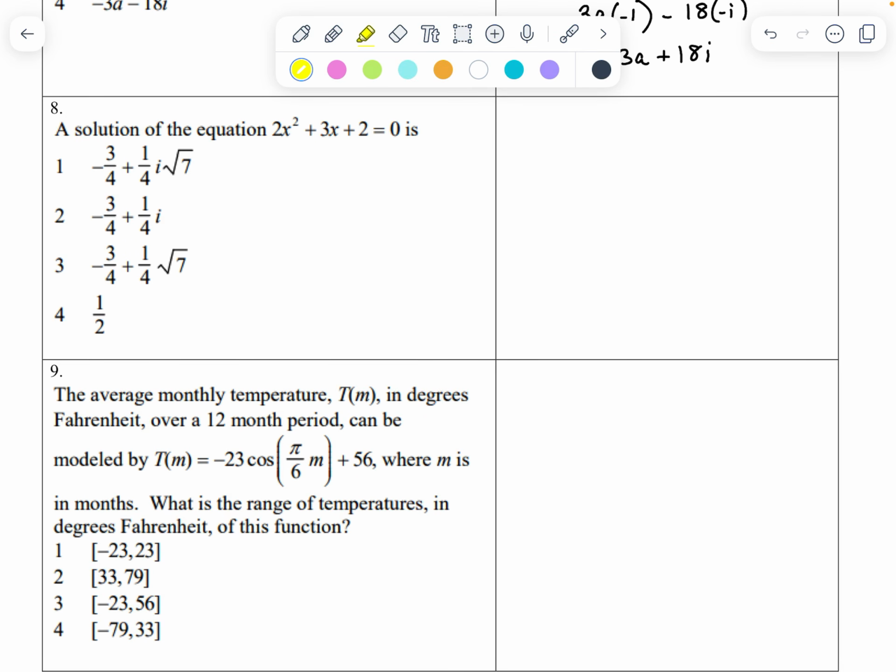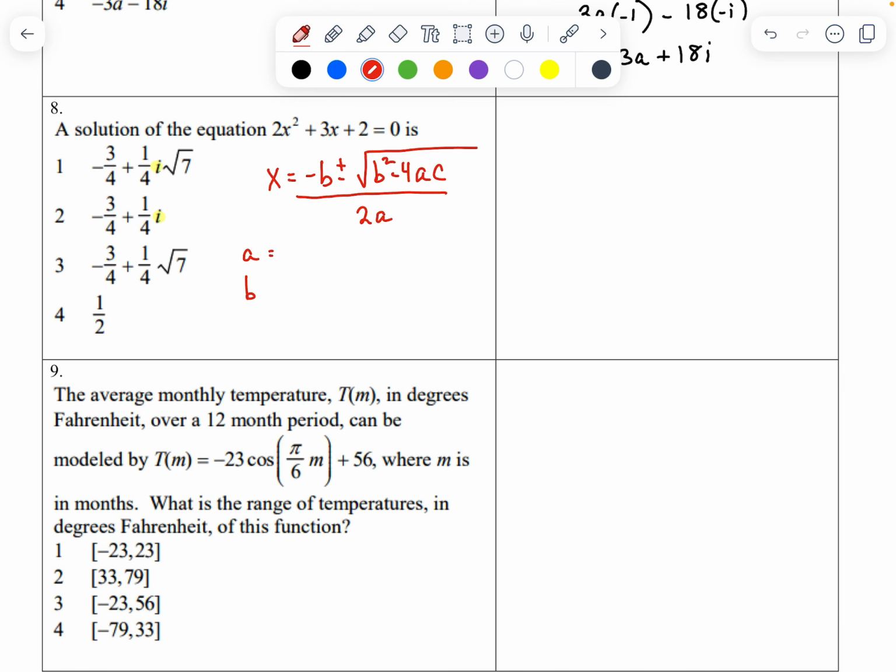All right, the solution to the equation. So if you look at your multiple choice options, I see i's, I see radicals. So this gives you a big hint that you have a quadratic formula, okay? So the quadratic formula is given to you. It's x equals negative b plus and minus the square root of b squared minus 4ac, all over 2a.